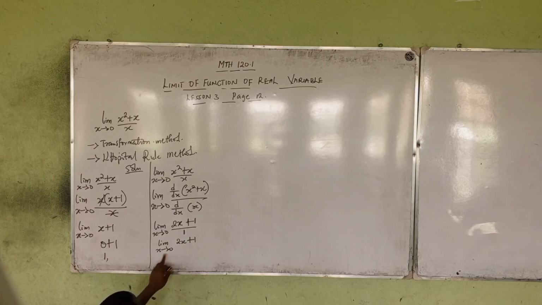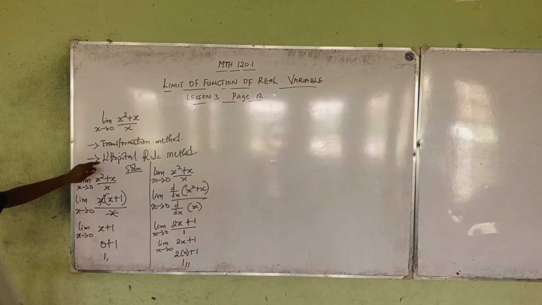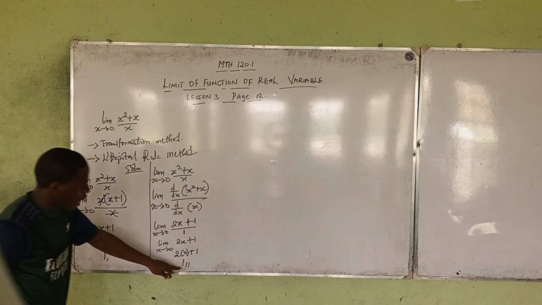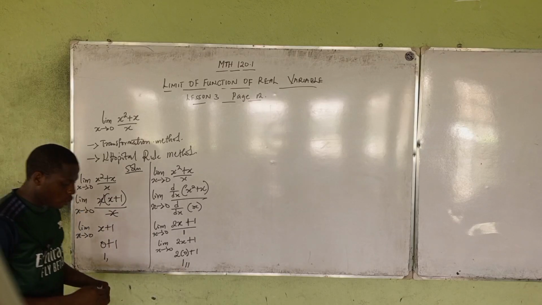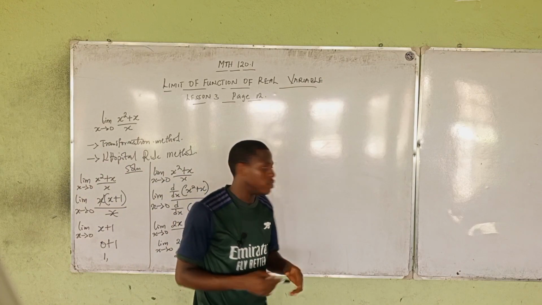What is the next thing? x tends to 0, so anywhere we see x, substitute 0. We have 2 bracket 0 plus 1. 2 times 0 is 0, and 0 plus 1 is 1. So you can see that using your transformation method or your L'Hospital rule method, you will still arrive at the same answer. So use the one that is convenient to you when it's an objective question.